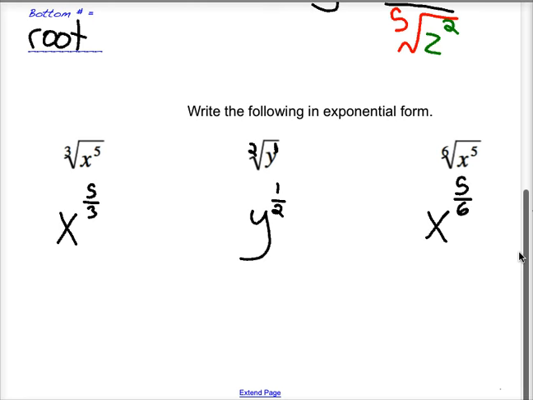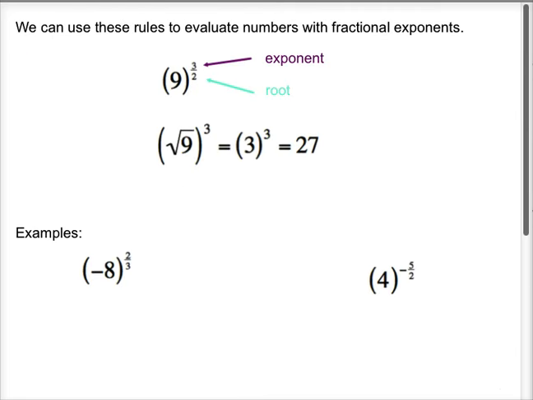Now, the reason that this is important is because it can help us evaluate numbers with a rational exponent. So again, the big idea is the exponent is on top, the root is on the bottom, and then you just simplify from there.